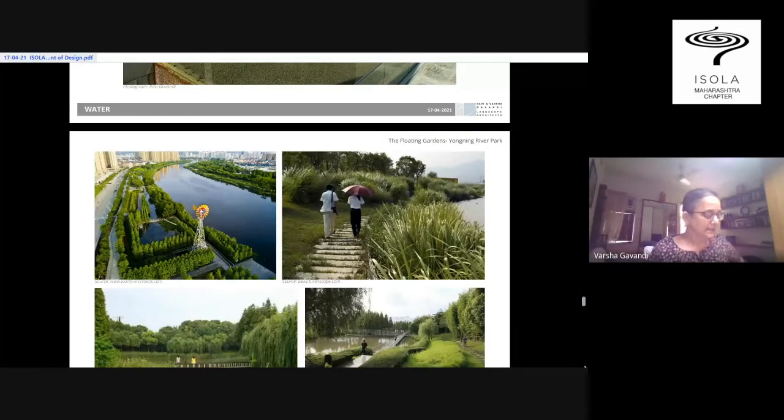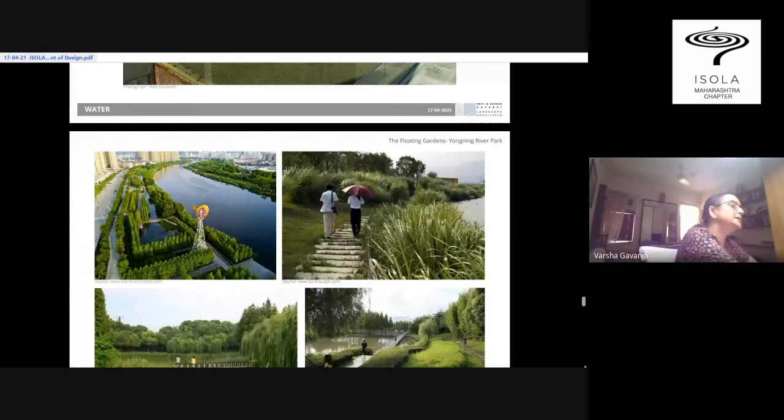So lately, water is not only looked at as a visual element, but lately we designers also have started looking at water as a resource. And here again, I would like to mention the works of Kongjian Yu, because according to me, he is one of the trendsetters in use of water, or designing along water.